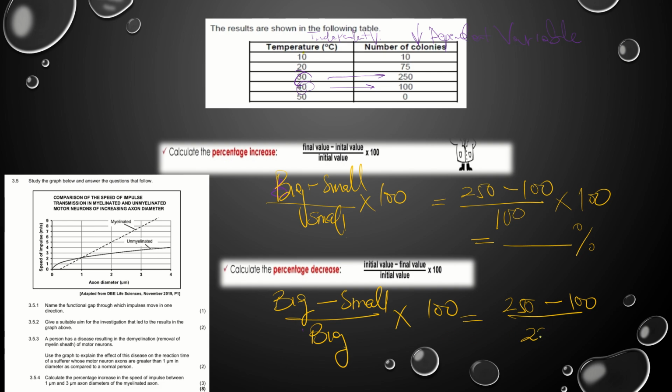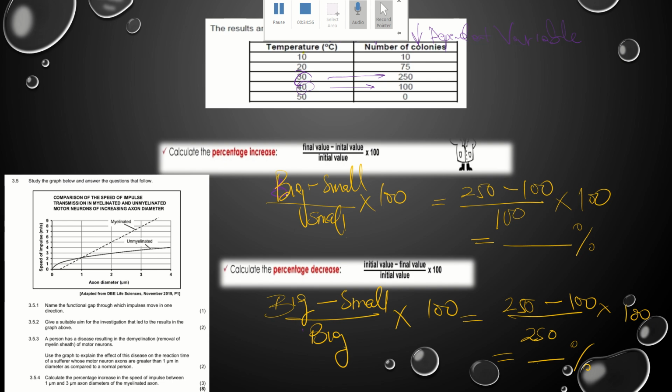And then we're going to divide by 250, which is the bigger value, multiply by 100. The value that you get is measured in percentages. Kindly do the values, substitute here. Okay, let me just write the values so that if you get something different, you know that you've made a mistake somewhere.